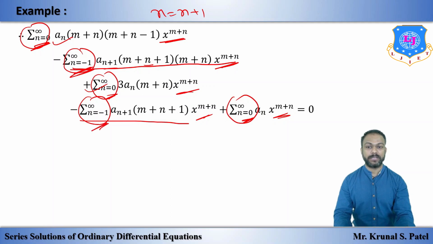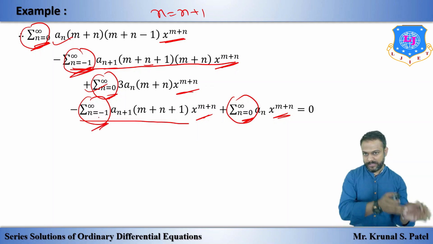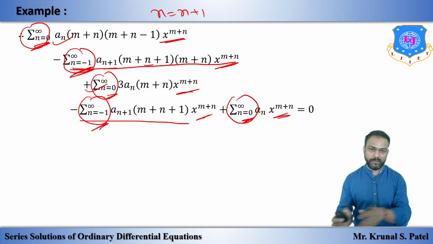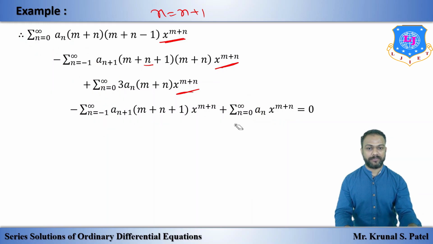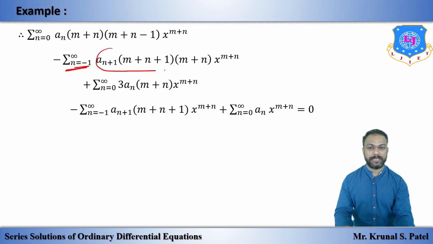Here this is minus 1. So minus 1 can go to 0, but 0 cannot go to minus 1. So we have to go to the larger number. So we'll put the first term as it is, the third term as it is, the fifth term as it is. But in the second and fourth term, we will put n is equal to minus 1 in this. Then we will start sigma n is equal to 0 with this entire step. So this step gives us two steps.